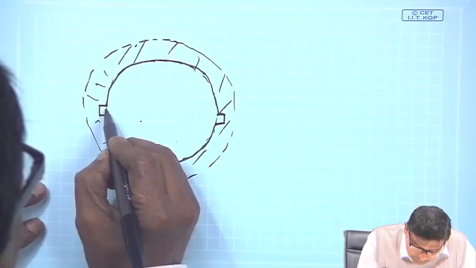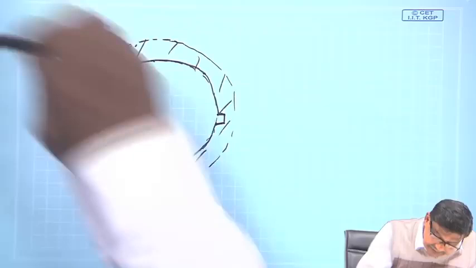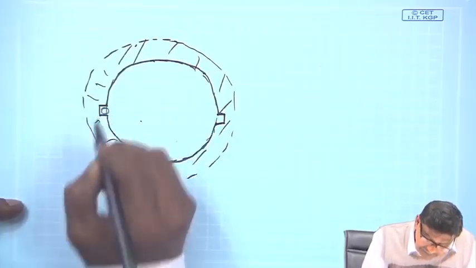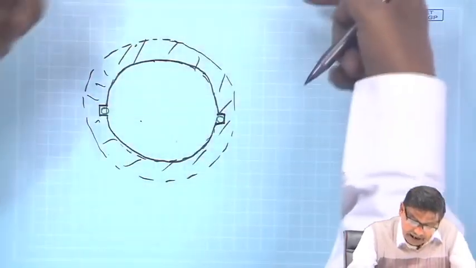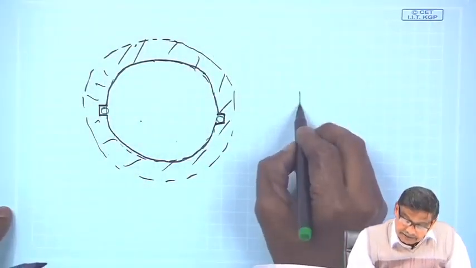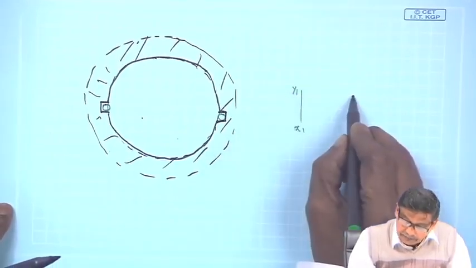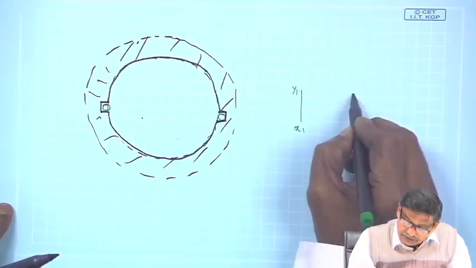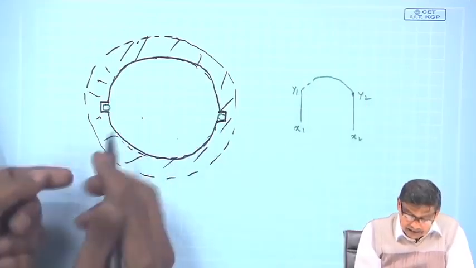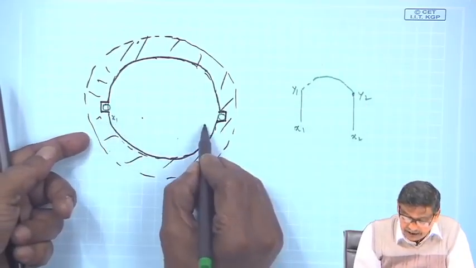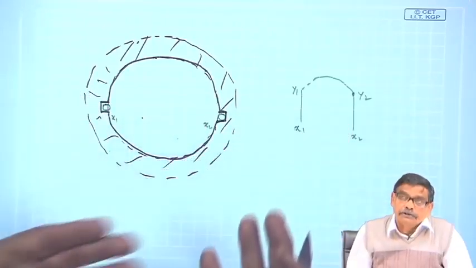There is nothing here, it is open, a groove, and there I can place a conductor, and here also I can place a conductor, two conductors, and at the back I have joined them like this. This is, suppose, x1, y1, this is x2, y2, and these two are joined. In front of you, two terminals are available to get voltage or pump current into this coil and so on.